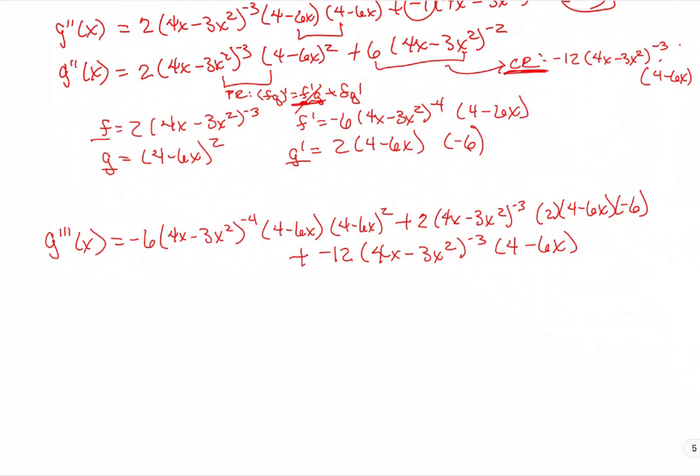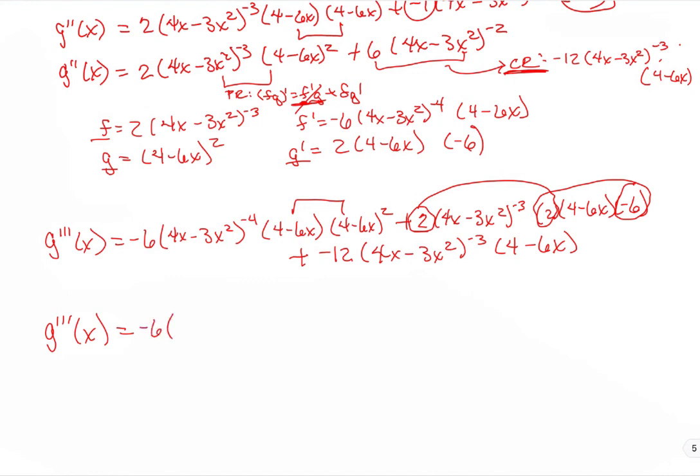I don't need to do a huge simplification, but let's add a few simple things. So g triple prime of x equals, I'm going to combine these two, and I'm going to combine this number with this number with this number. Okay? So I'm going to just do those few simple multiplications.